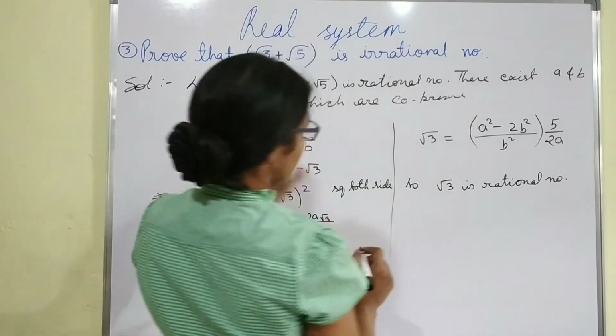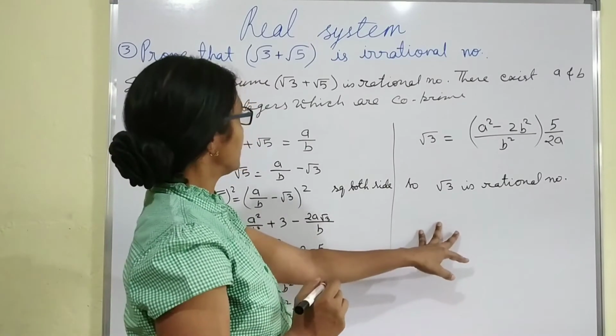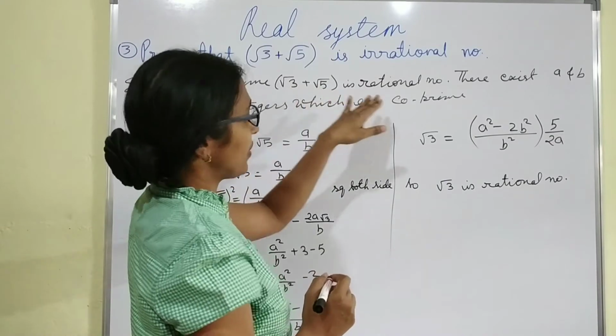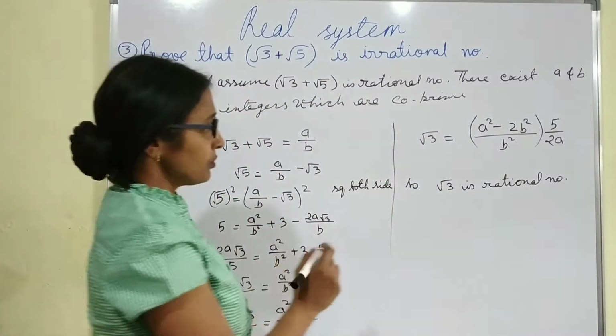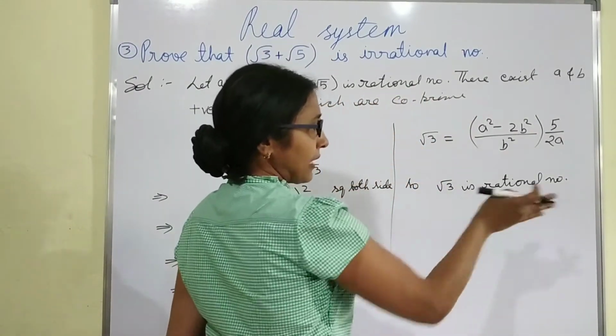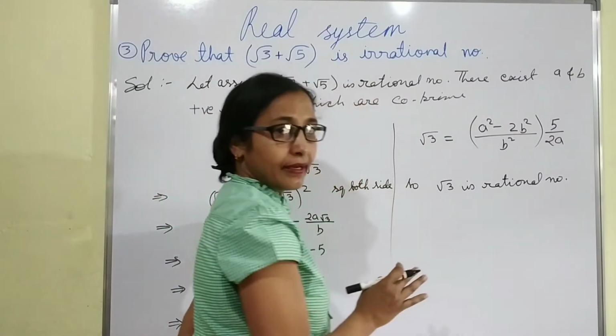Now, our supposition is wrong. It contradicts that root 3 plus root 5 is an irrational number. So, you will write these lines. Okay? It is necessary to write these lines. I am not writing it here.